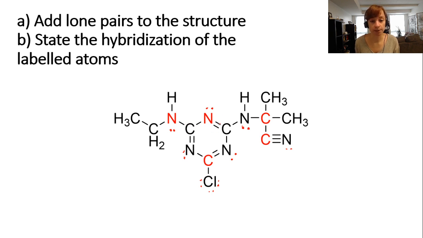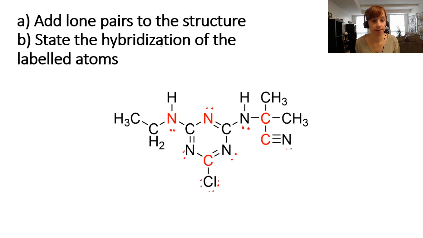A double bond consists of 2 individual bonds, so those should each be counted. So for this nitrogen here, we have 1, 2, 3 bonds, so that's 6 electrons, and then the lone pair, so it gives you a complete octet.